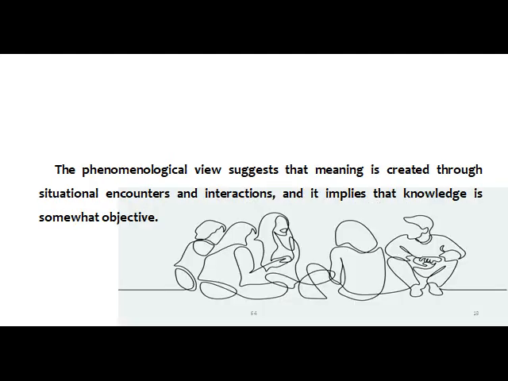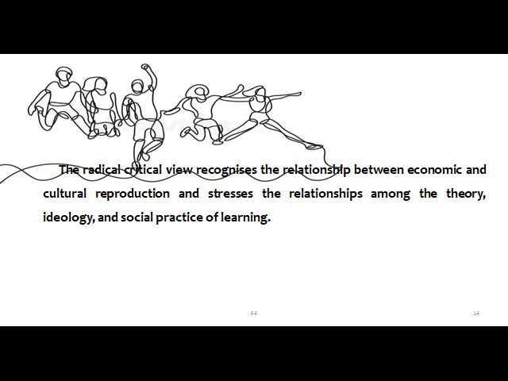The phenomenological view suggests that meaning is created through situational encounters and interactions, and it implies that knowledge is somewhat objective. The radical critical view recognizes the relationship between economic and cultural reproduction and stresses the relationships among the theory, ideology, and social practice of learning.